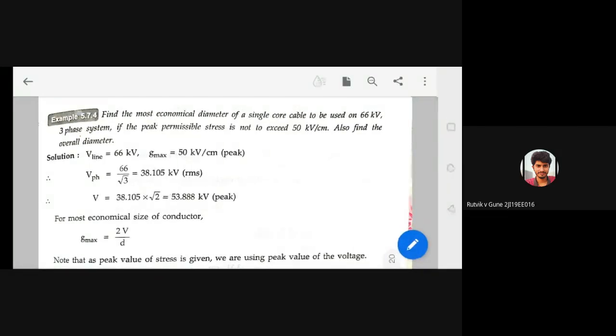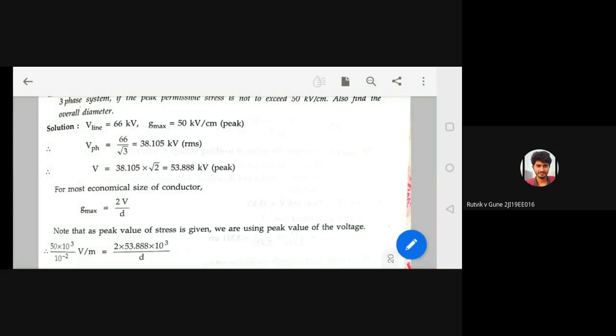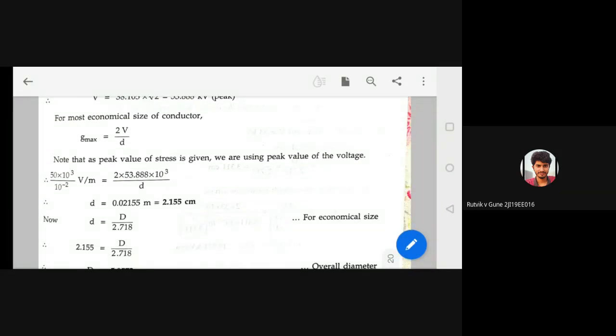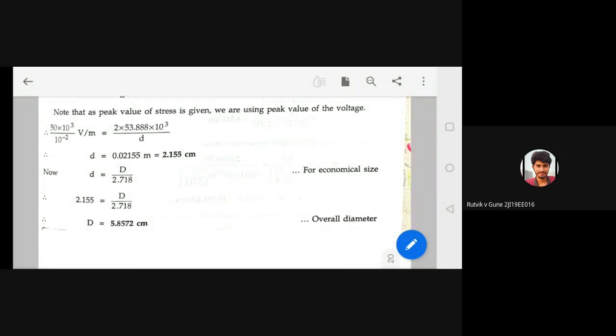Now, when you get V, for the most economical size of conductor, g max equals 2V divided by D. Note that the peak value of stress is given, and we are also using the peak value of the voltage. So this is our equation. We equate both sides and we get small d equal to this value.